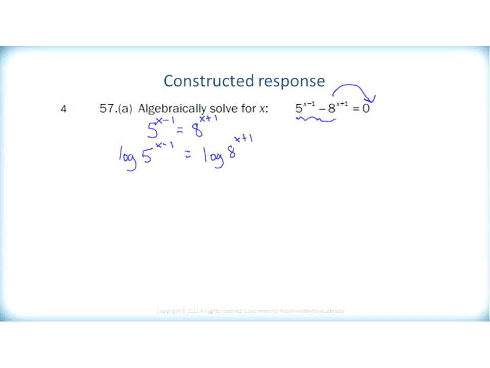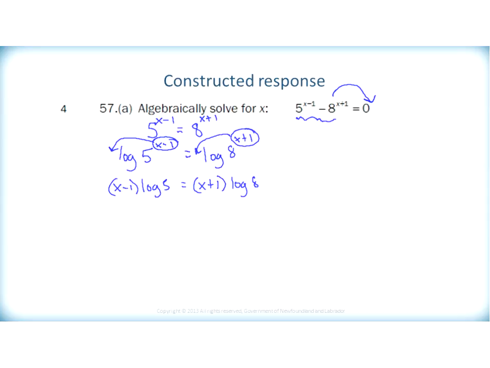And then we use the power law and bring the x plus 1 in front, and the x subtract 1 in front. And we would have x subtract 1 multiplied by log 5, which will equal x plus 1 times log 8.